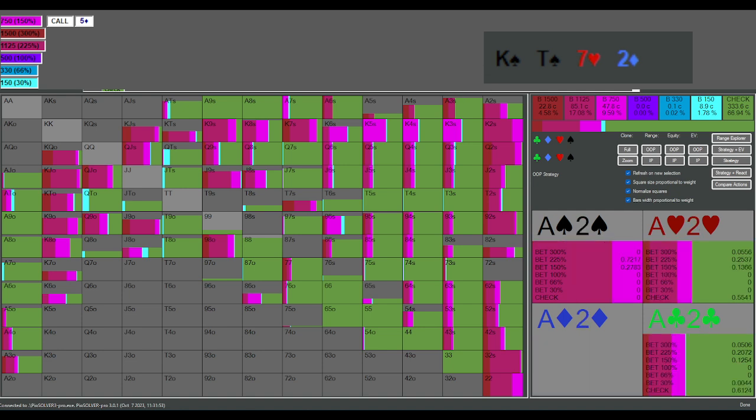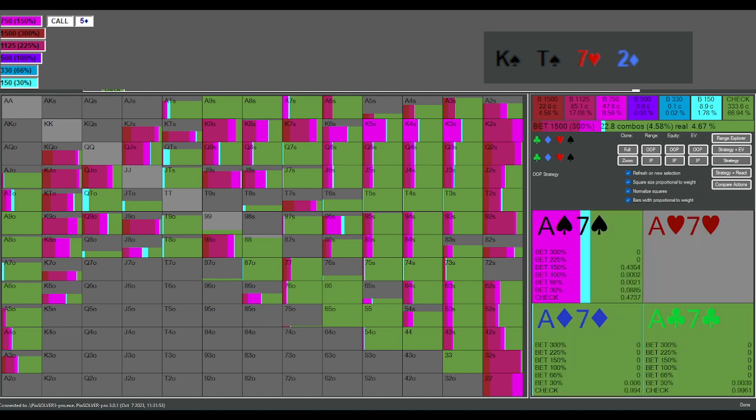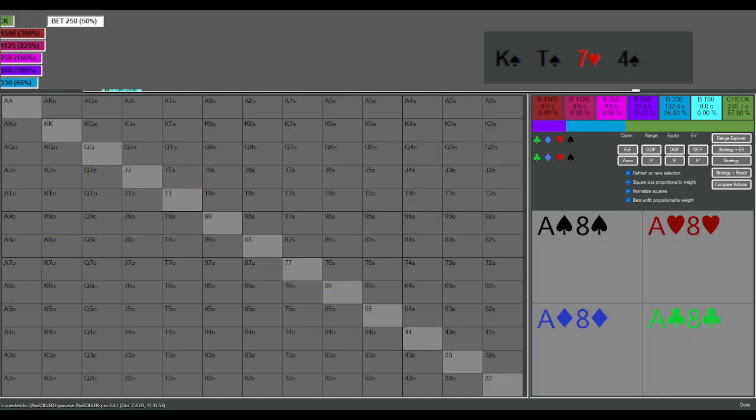So let's talk about some other textures, or other turns. Okay. Flush completing turn here. Still a pretty low card.